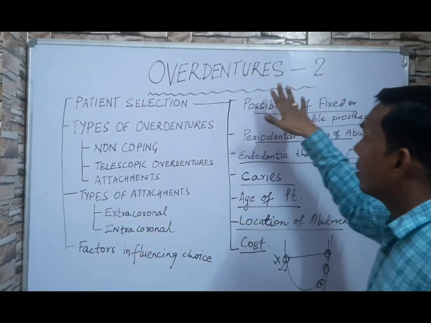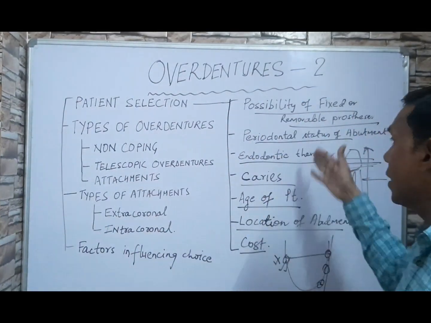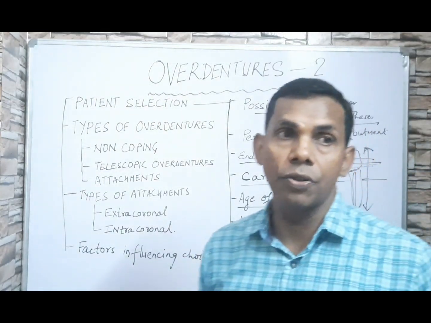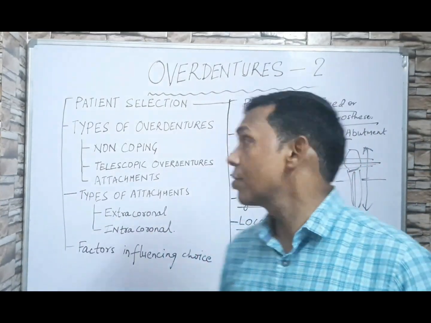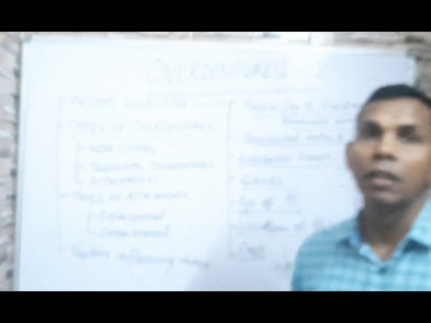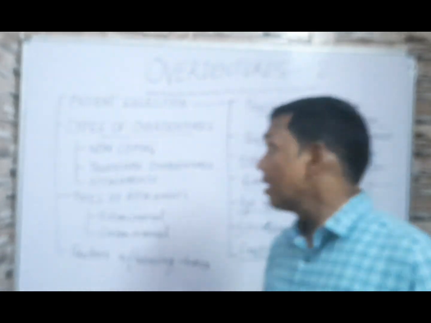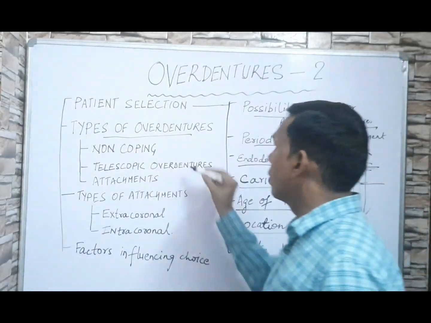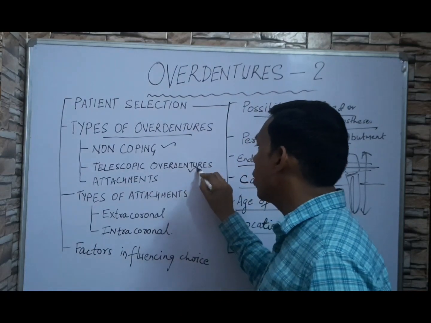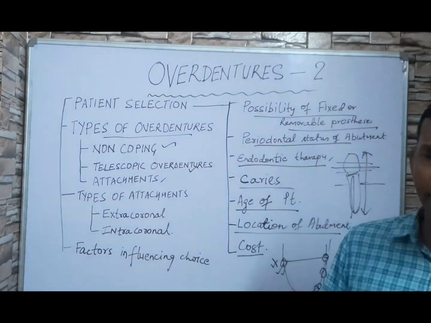So these are the patient selection criteria where you can decide how to select a patient for overdentures. Now the approaches can be three types. You have non-coping, telescopic overdentures, and attachments. Primarily three.